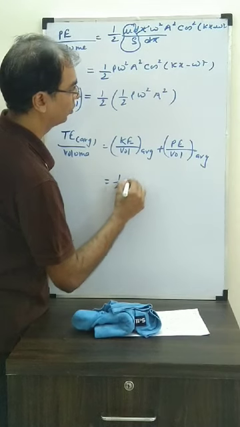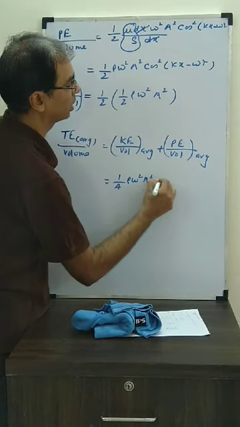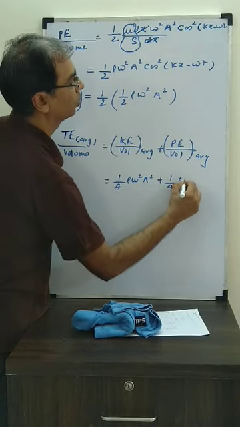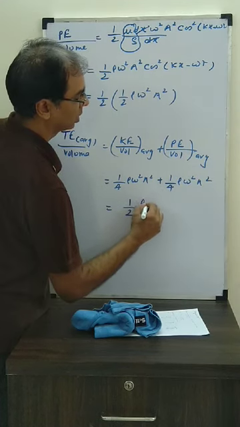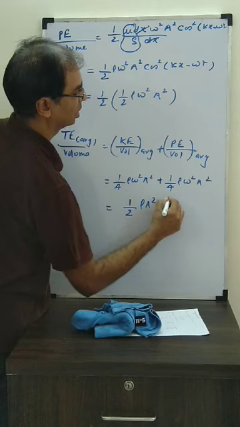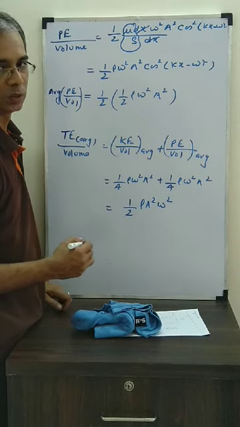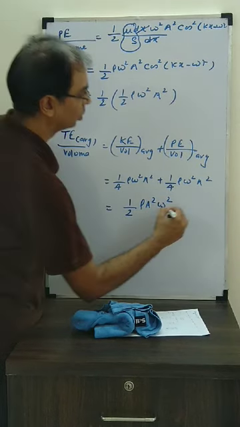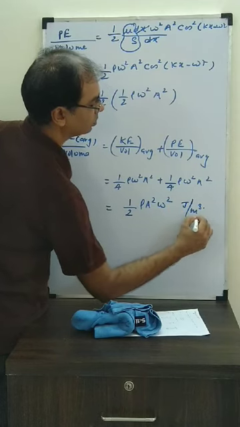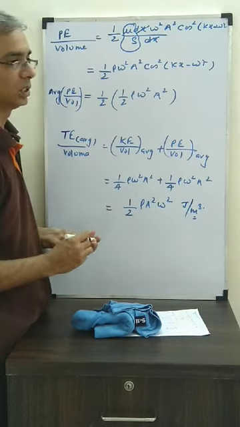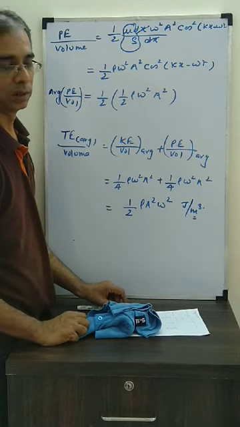So there will be 1 by 4 rho omega square A square plus 1 by 4 rho omega square A square. So total average energy is half rho omega square A square joule per unit volume, or joule per meter cube. Okay, this is the energy carried by a wave in a string.